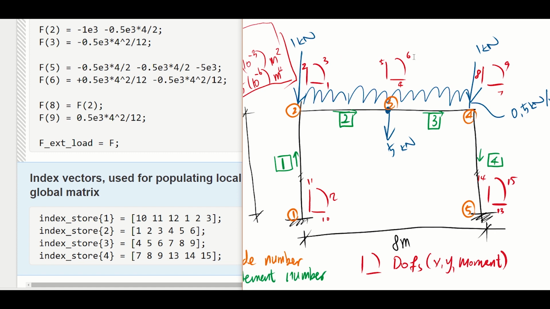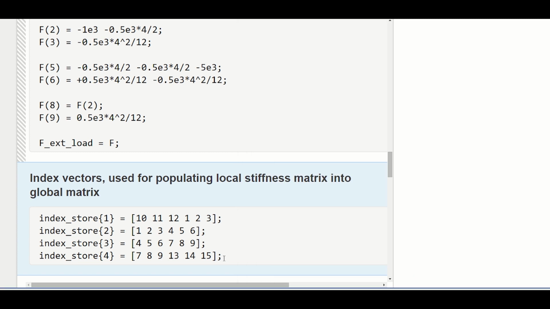Third one, 4, 5, 6, 7, 8, 9. And then your fourth one is going to be 7, 8, 9, 13, 14, 15. Because of your beam orientation, you decided the orientation goes from 4 to 5. So this is your index for assembling your global matrix later from the local stiffness matrix.